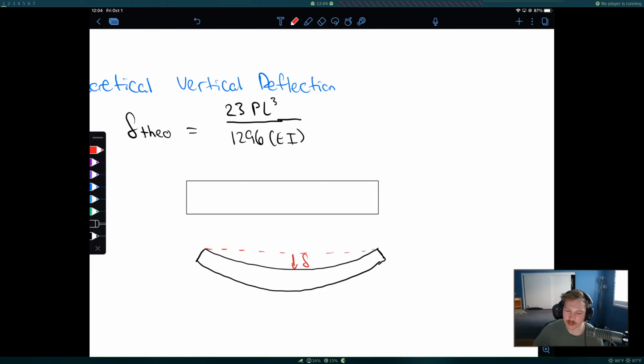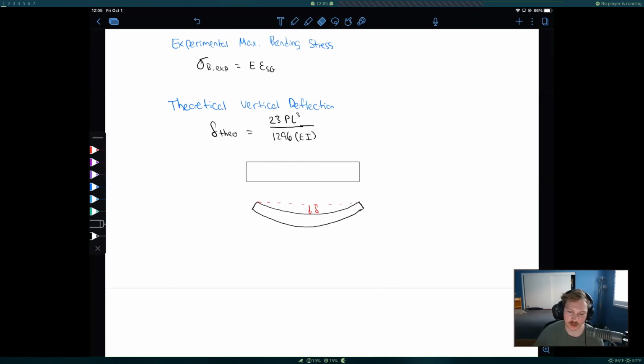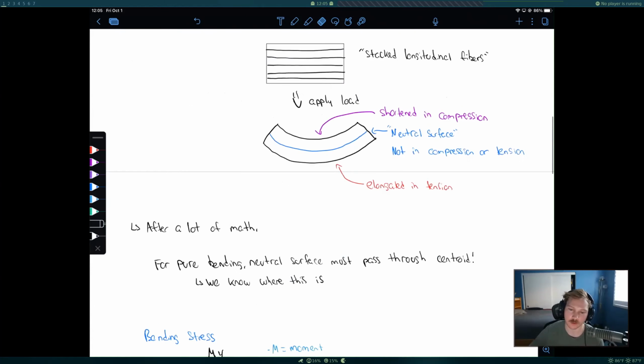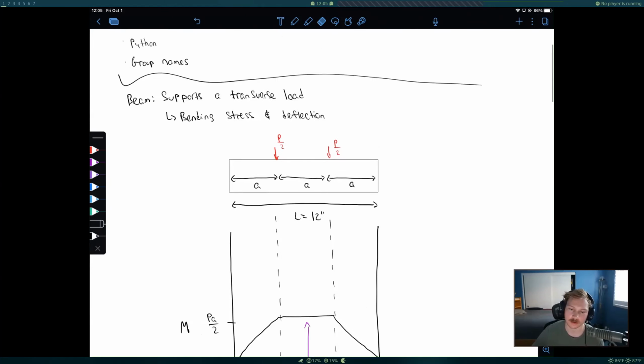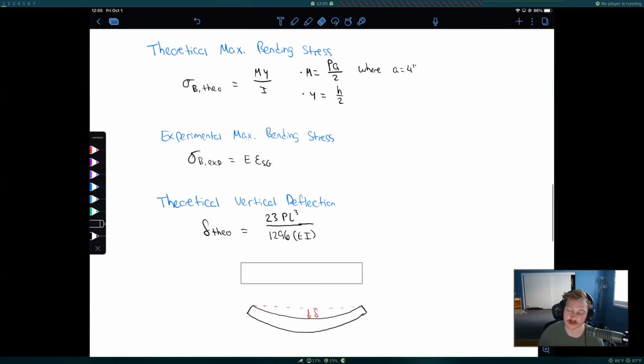So we want to measure that deflection right there. And so what we actually have is that dial gauge on the bottom, but it's going to measure that change in its position to then measure the deflection. Okay, so that's what we're measuring. And again, it's in the very center of the beam because of how our loads are applied. Okay, so that maximum vertical deflection is in the very center.